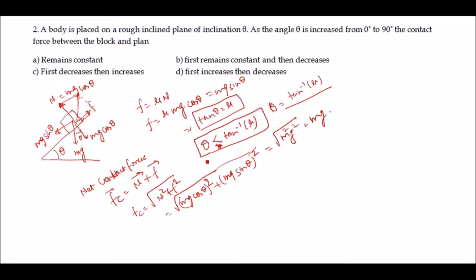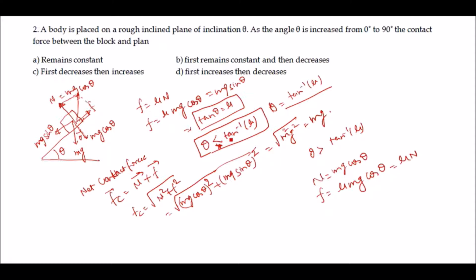Now if I increase theta further, that is, theta greater than tan inverse mu, then we will see what will happen. In this case the normal force will be equal to mg cos theta, and the frictional force F is equal to mu mg cos theta. Frictional force is equal to mu n. Now the frictional force will no longer be equal to mg sin theta.